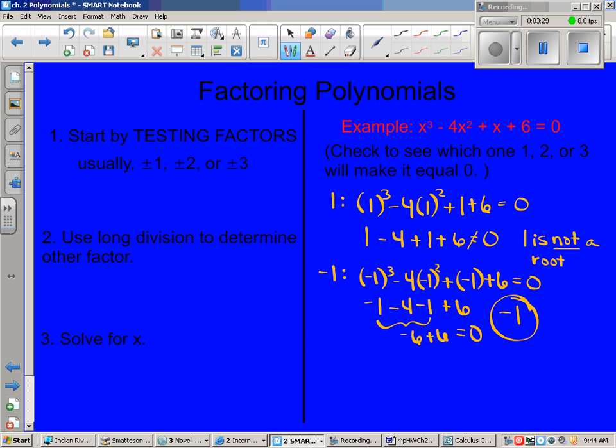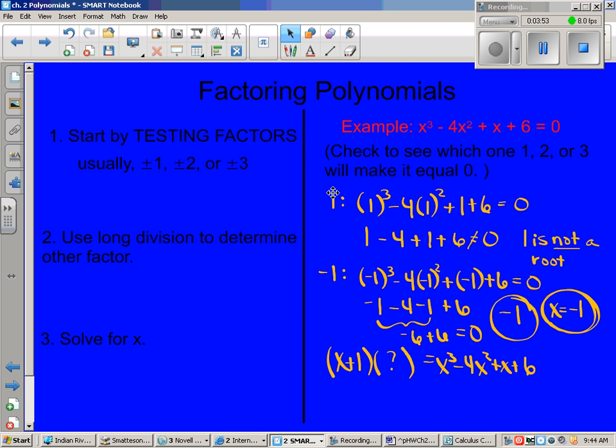So x equals -1 is one of my answers, which means that x plus 1, notice I changed the sign, is a factor. That means x plus 1 times something is going to equal x cubed minus 4x squared plus x plus 6.